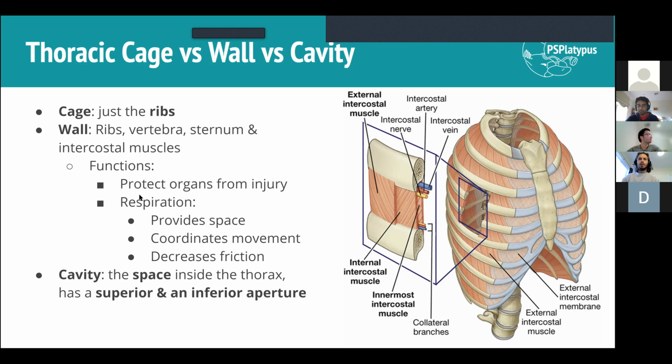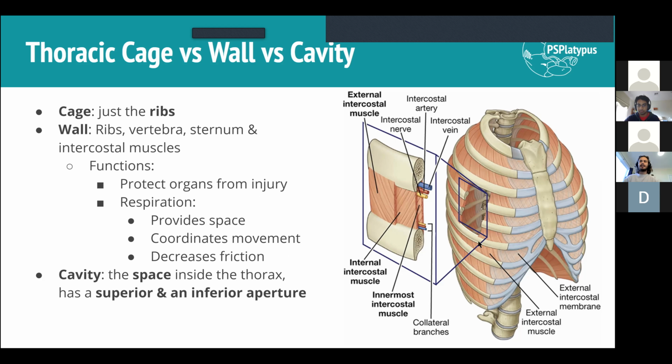And this thoracic wall has multiple functions. We've got some important structures in our thorax, the lungs, the heart, particularly also the thymus, and we want to protect them from injury. This is a very effective way of doing that evolutionarily. Then also, considering the lungs are inside there, we need to facilitate respiration, so that's breathing.